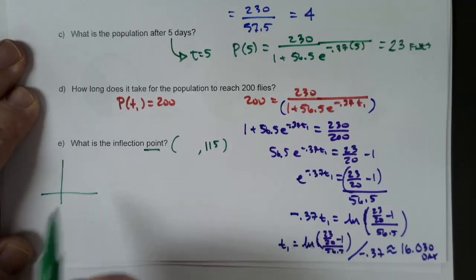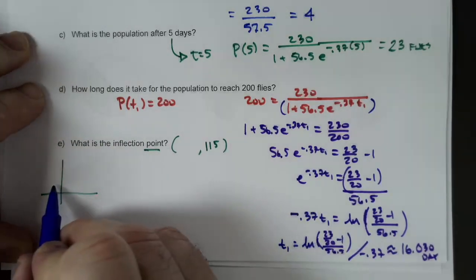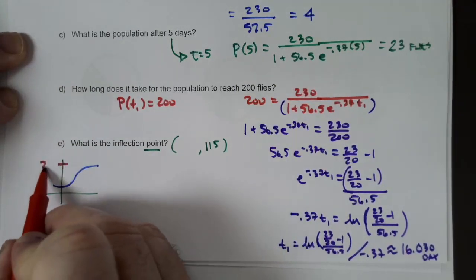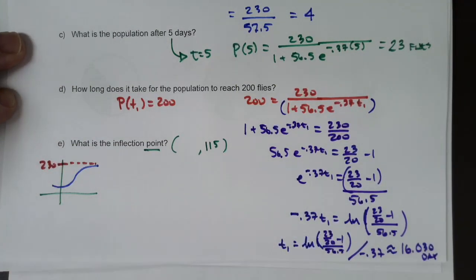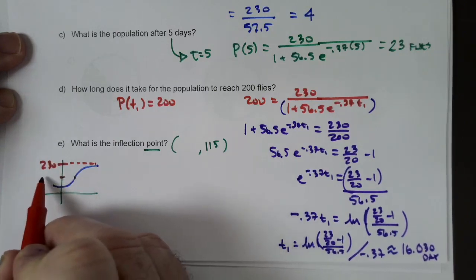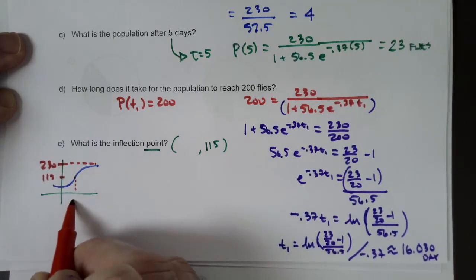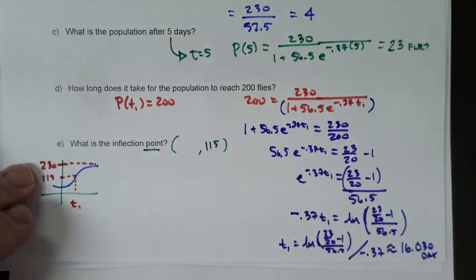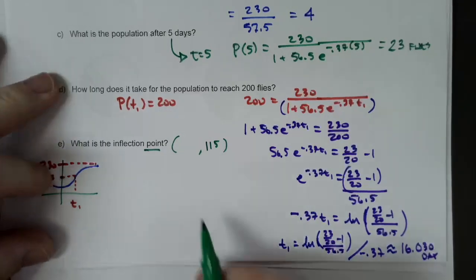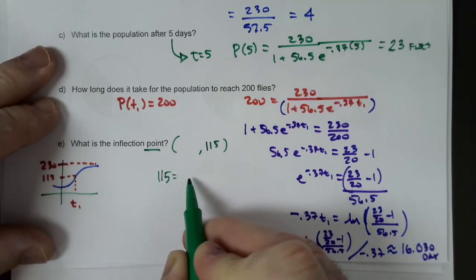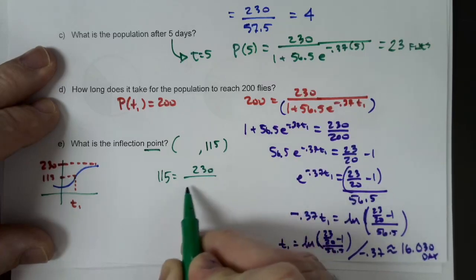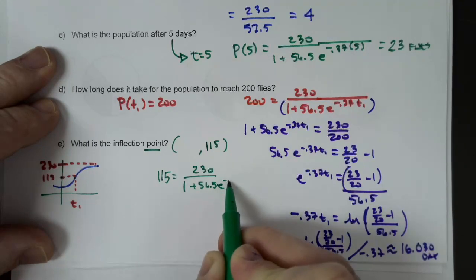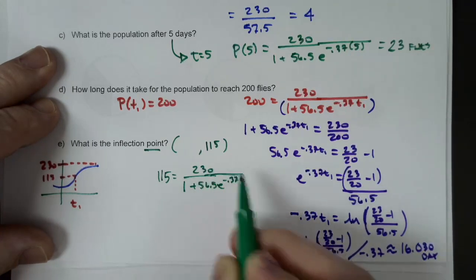So if we were looking at this graph, the curve would look like this. The carrying capacity of 230, we can't have more than that many flies, would be here, and half of that 115, and we just need to find this time here. And that's when we do 115 equals that 230 divided by the quantity of 1 plus 56.5 e to the negative 0.37 times t.